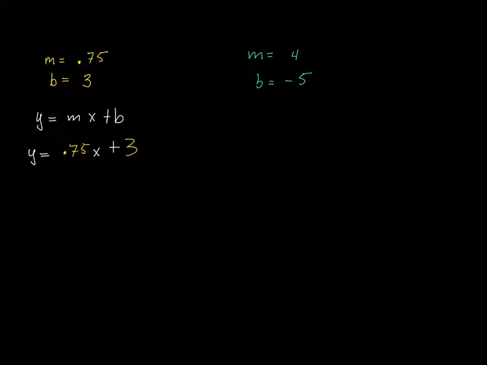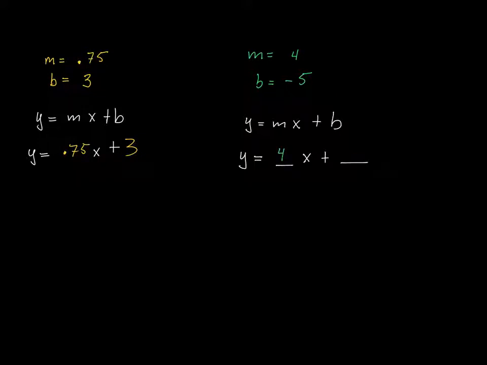Let's try one more time, but now we have a negative number. So we have y equals mx plus b. One more time. And we're going to write it as y equals, in this case, I'm going to leave a space for what I'm missing. We know that our slope is 4, so I'm going to put 4.